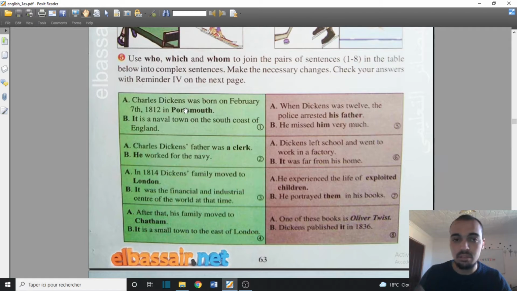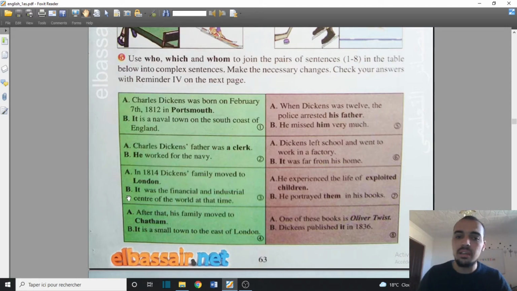For example, to understand relative clauses, look at these sentences. For example, here: in 1814, Dickens' family moved to London. This is our first sentence.